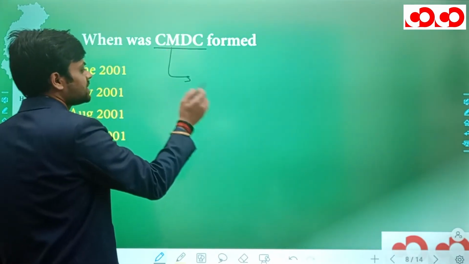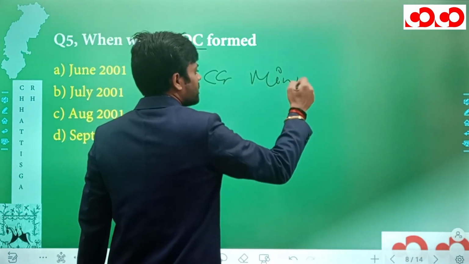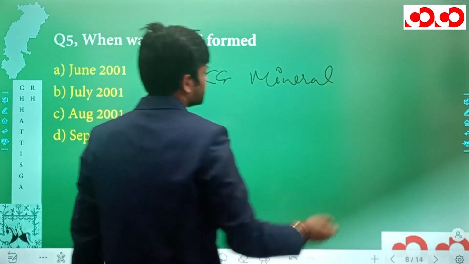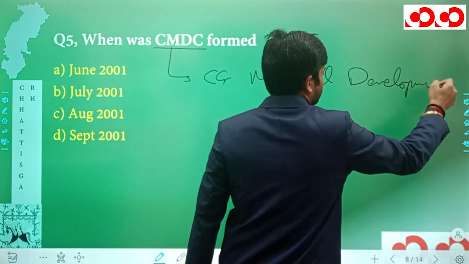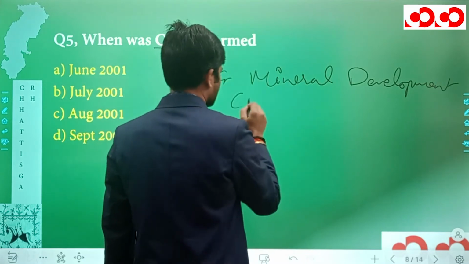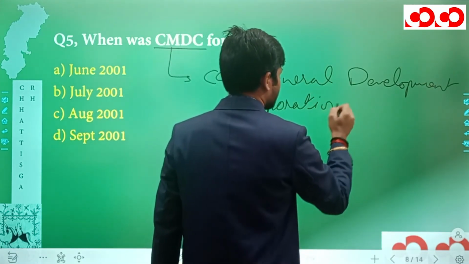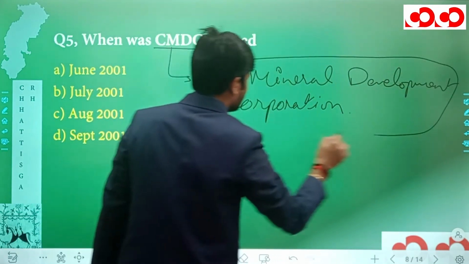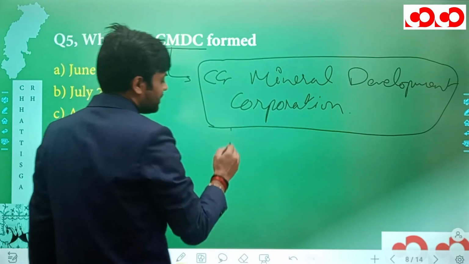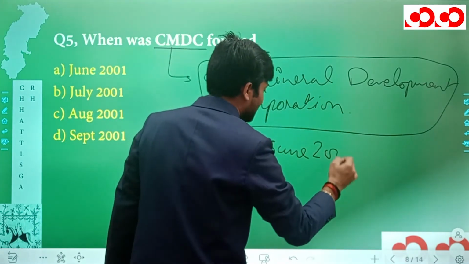CMDC is Chhattisgarh Mineral Development Corporation, and this Chhattisgarh Mineral Development Corporation was actually formed in June 2001.